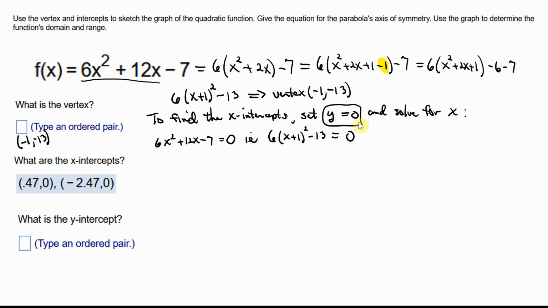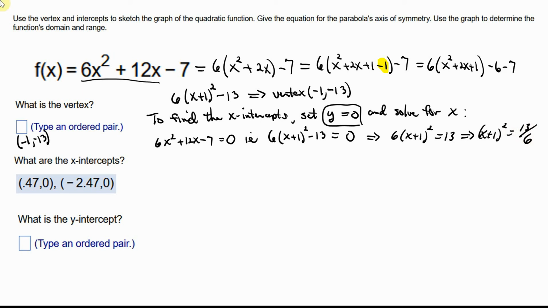So I just use my algebra, add 13 on both sides, divide both sides by 6, and then take the square root of both sides, and then I want to get the x by itself. Right? So this is 6 times x plus 1 to be squared is equal to 13. Divide 6 on both sides, I get x plus 1 to be squared is equal to 13 over 6.